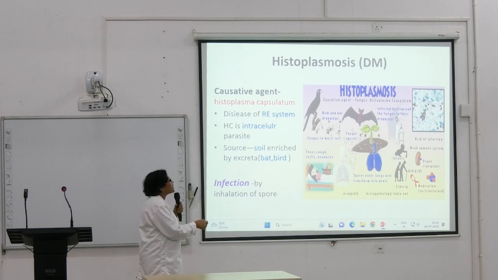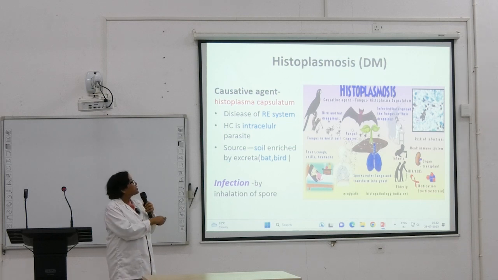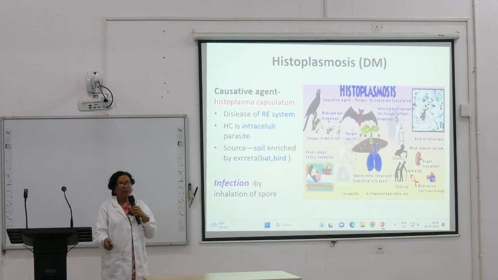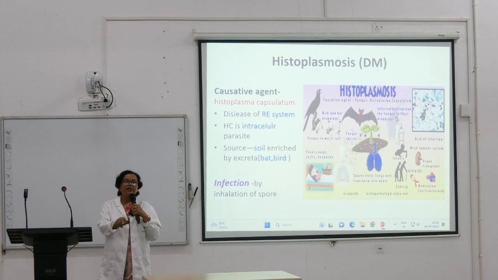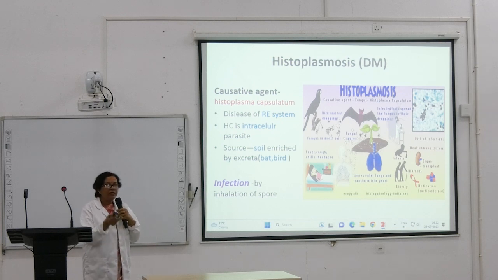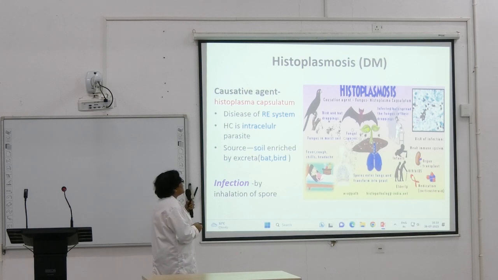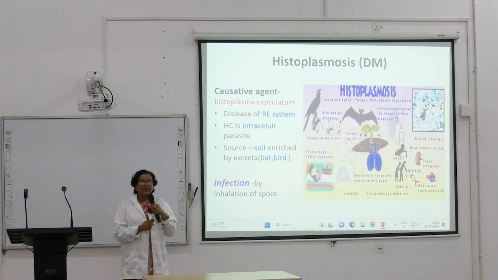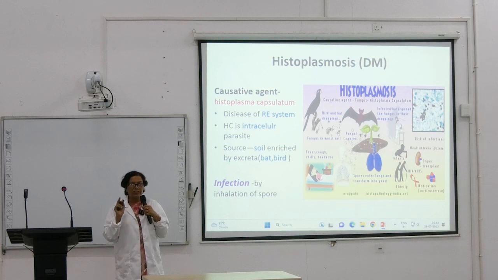Their excreta contains this fungus. So excreta goes to the soil, so soil is mixed with this Histoplasma capsulatum. Those persons who are working in that place, during inhalation, spores can enter through the nose, go to the lung, causing the disease. First, disease in the lung. Okay, and here its importance, it first goes to the RE cell, reticuloendothelial system.